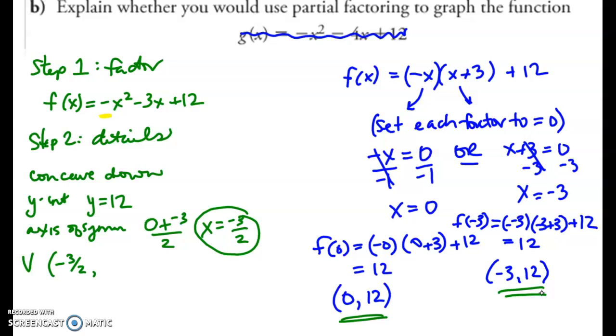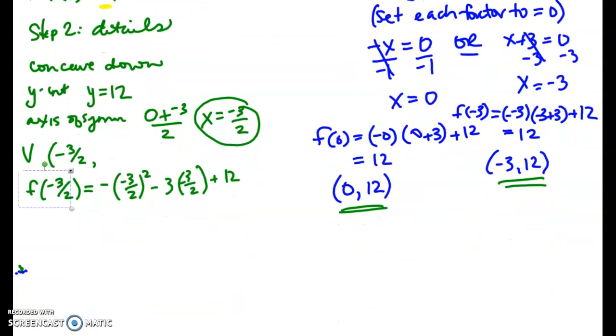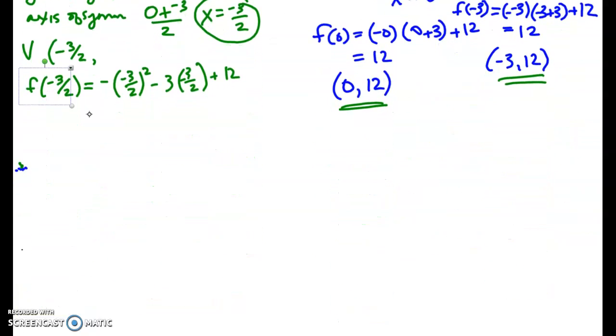So let's put this x into the function. It's going to be negative 3 over 2, that's the x, squared, minus 3 times negative 3 over 2, plus 12. Okay. Now, fractions always look a little more daunting, but if we take our time, it's not a problem. Okay, so squaring a fraction means just multiplying it by itself.